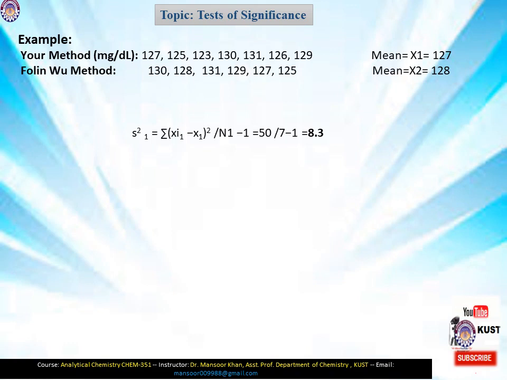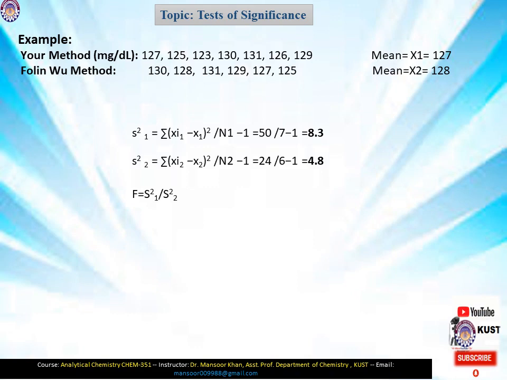The mean of the result is x1, which is equal to 127. While the standard, accepted method used for the determination of glucose content in the blood serum is the Folin-Wu method, and the results obtained by using the Folin-Wu procedure are 130, 128, 131, 129, 127 and 125, and the mean of the result is x2, which is equal to 128.